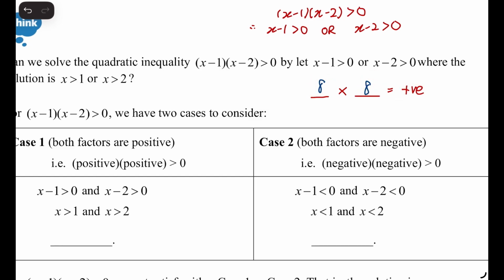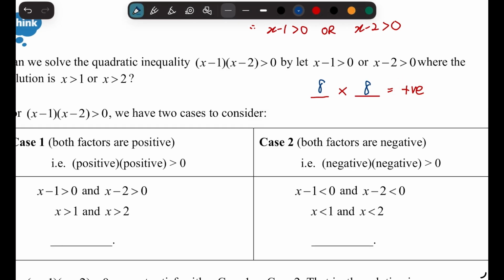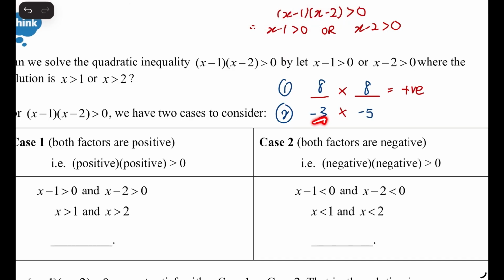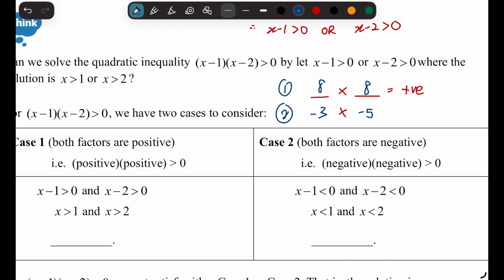But if I want it to also be positive, there is another possible case, when the two numbers are both negative. For example, negative 3 times negative 5. Because it's negative times negative, I will also get a positive number.